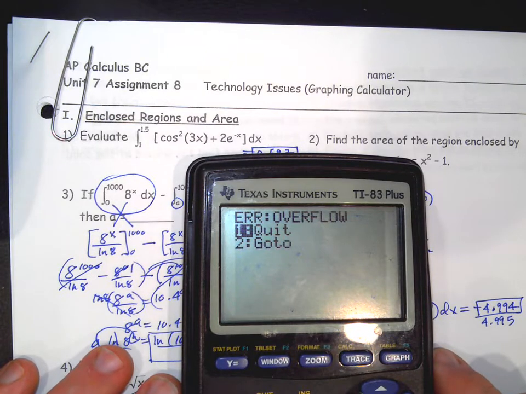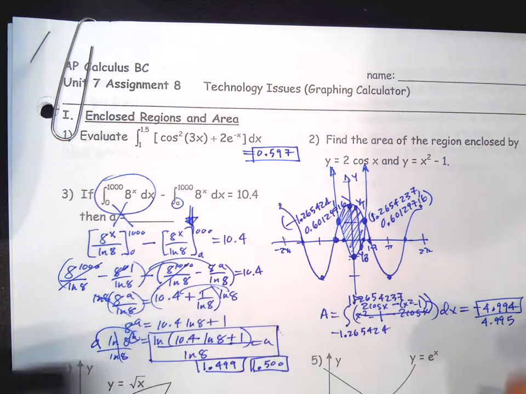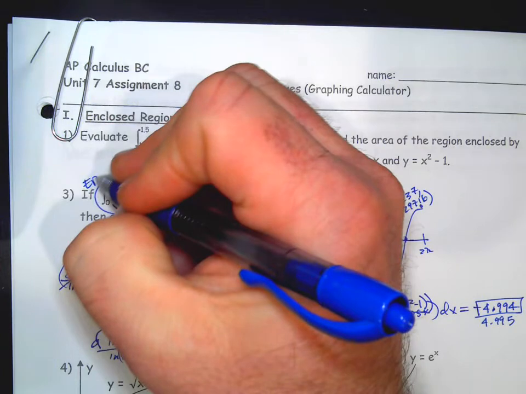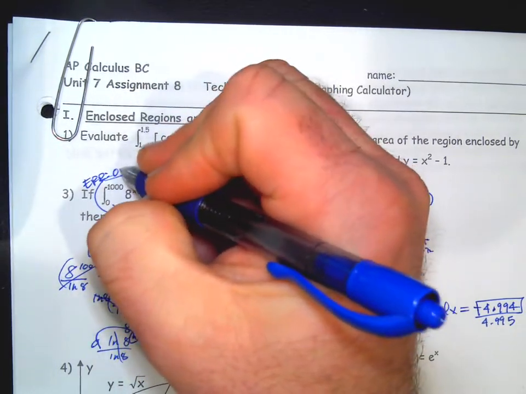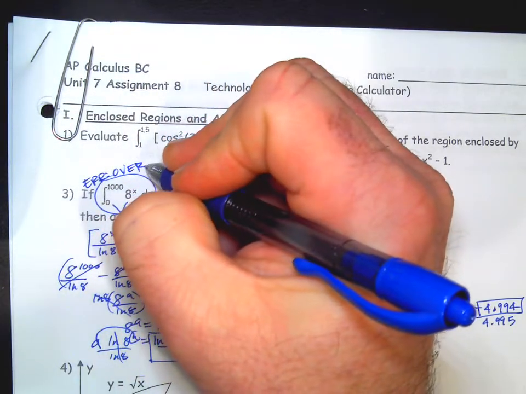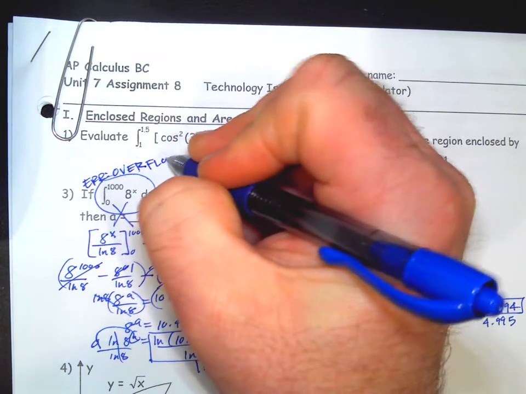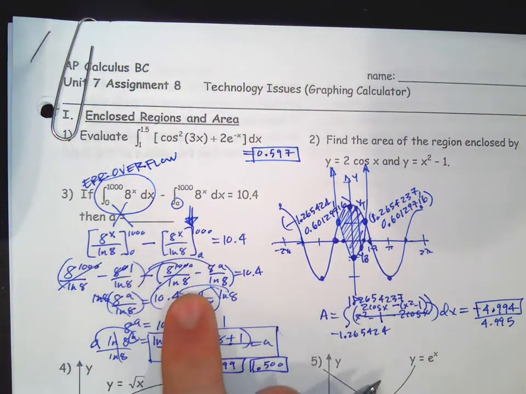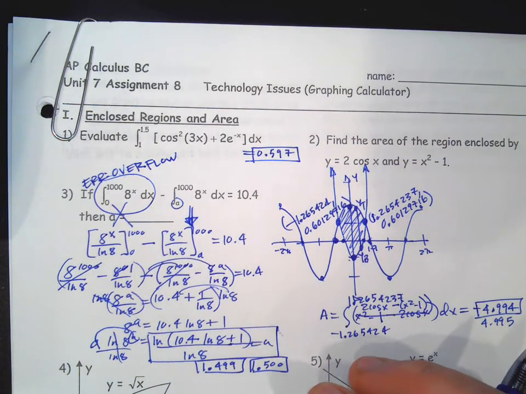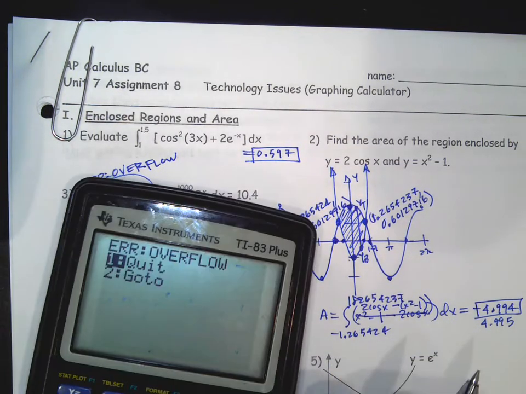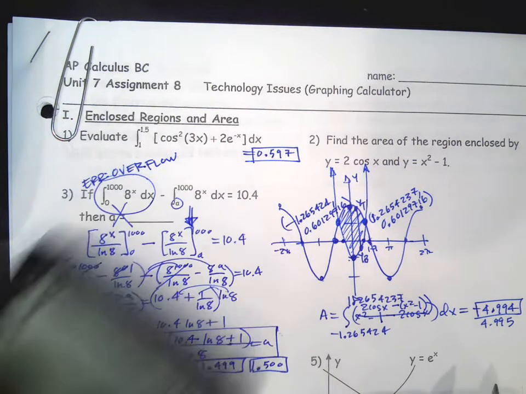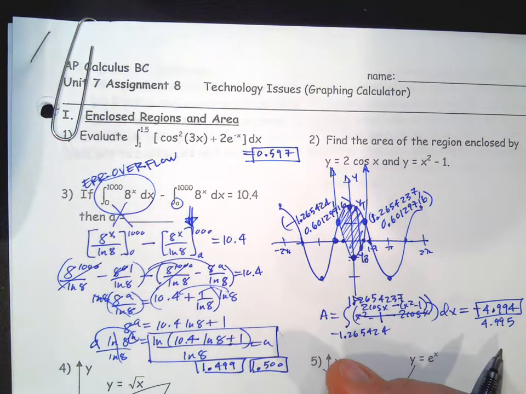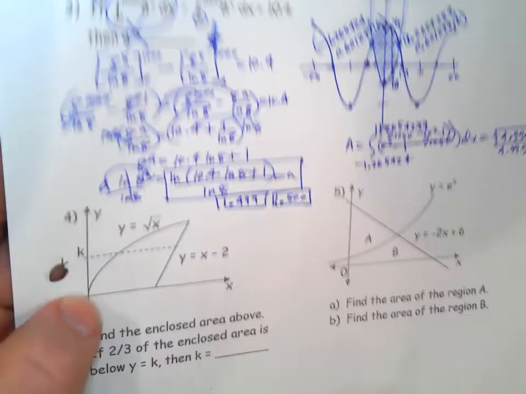Ooh, error, overflow. What that means is the value of that is too big for the calculator to handle. Now, when we did it by hand, those huge terms canceled each other out before we even tried to calculate them. So anyways, that's what error overflow means. It's like too big of a number.